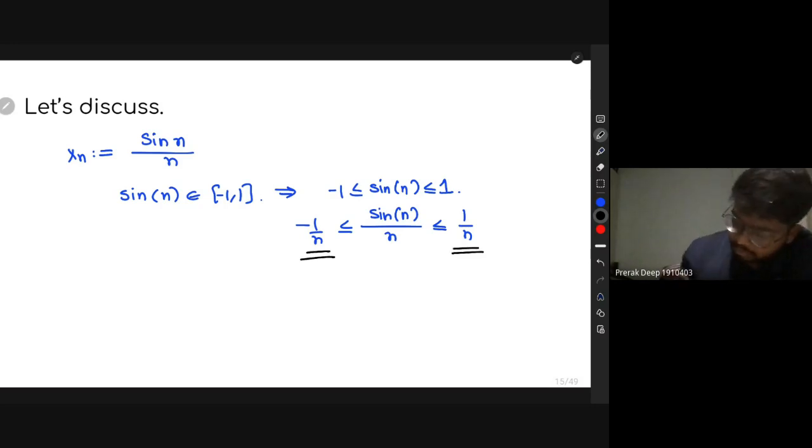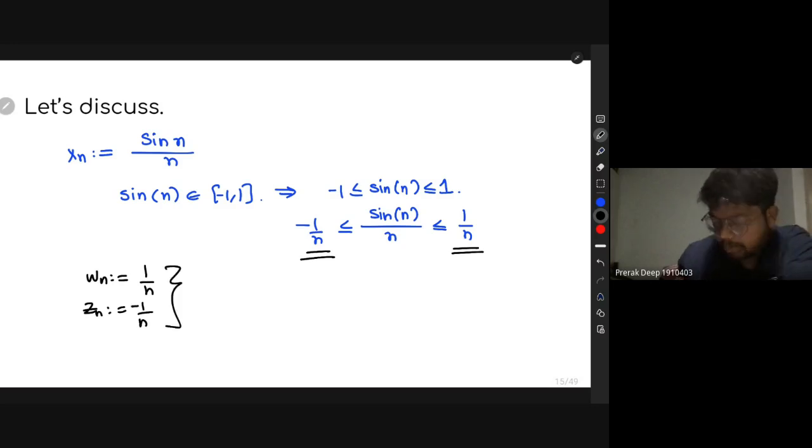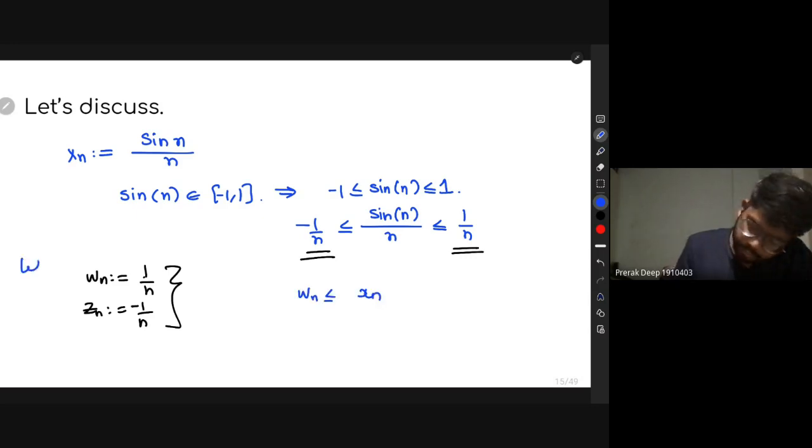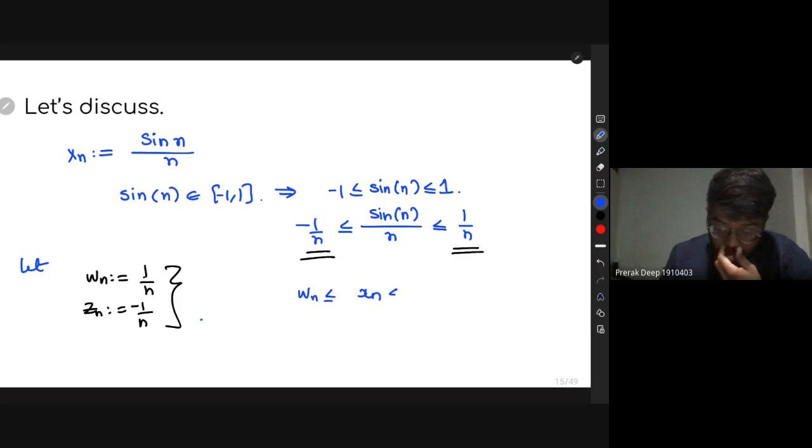Our upper bound sequence wn is 1 over n, and the lower bound sequence zn is -1 over n. So the hypothesis is being satisfied.